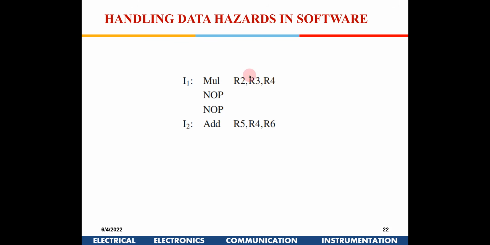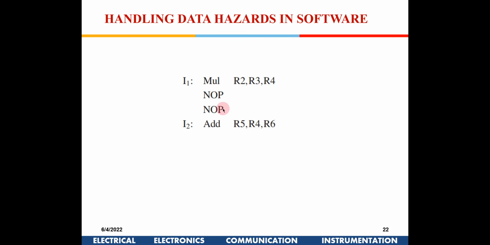Also, suppose you have a multiplication R2, R3, R4. The multiplication itself will run a small program, and it requires a few cycles. So immediately we don't write an add operation in a RISC operation. We can write some NOP.